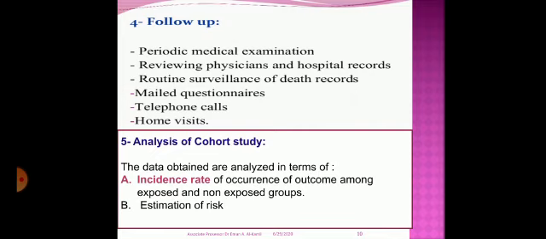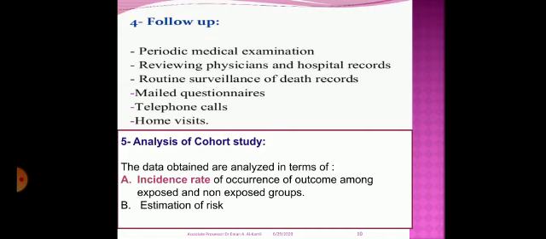So the first step in assessing the relationship between the exposure and the outcome is by measuring the incidence rate of the outcome, or the disease, or the change in the health status among those who have exposure and among those who have no exposure, and then we are going to estimate the risk.